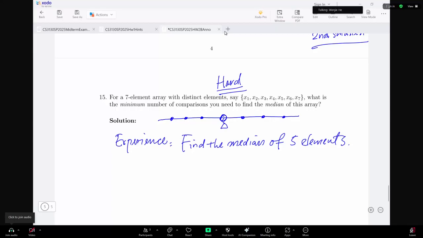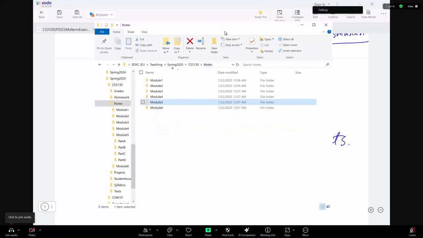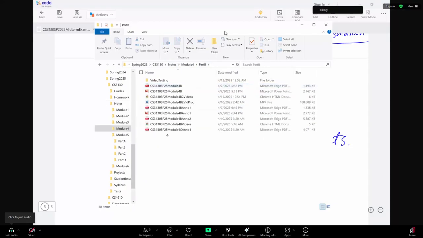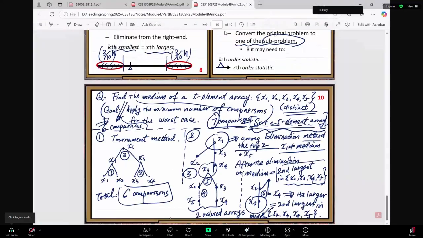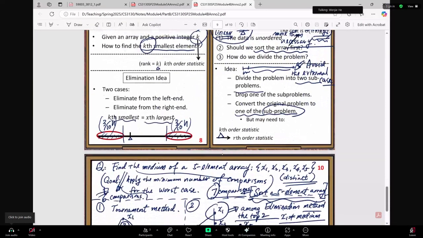Show you module 4, part B. Look at here. At the bottom, last page.